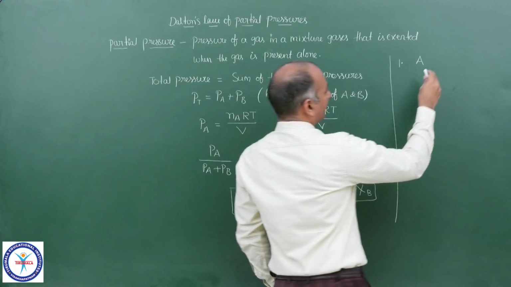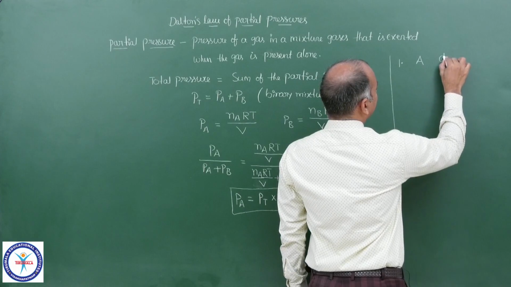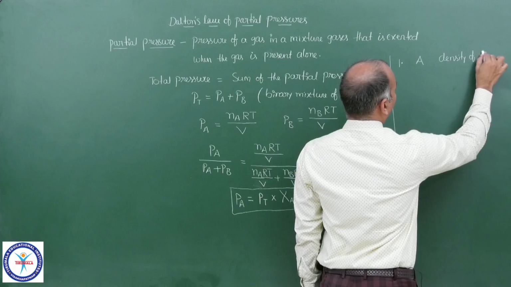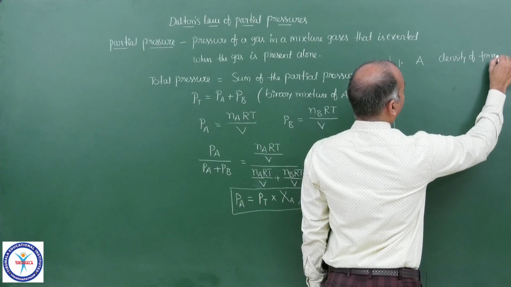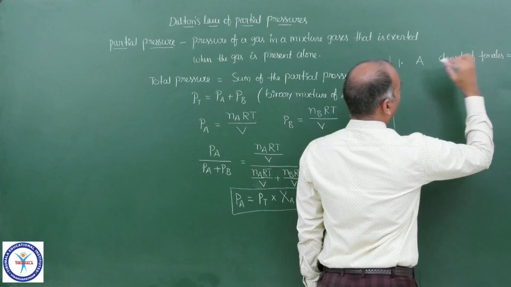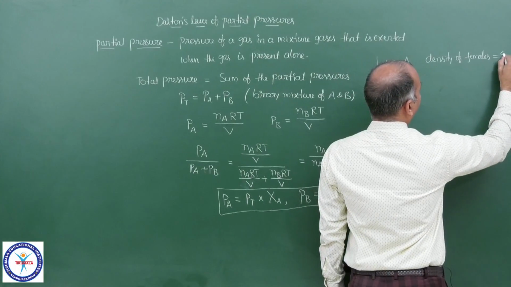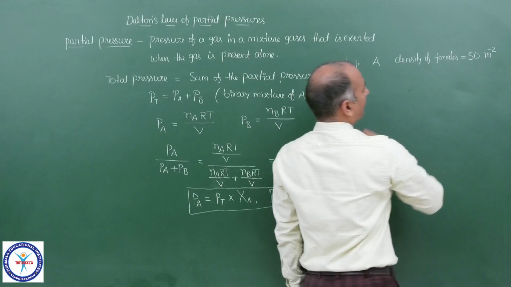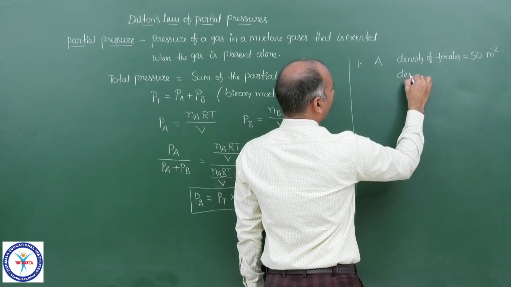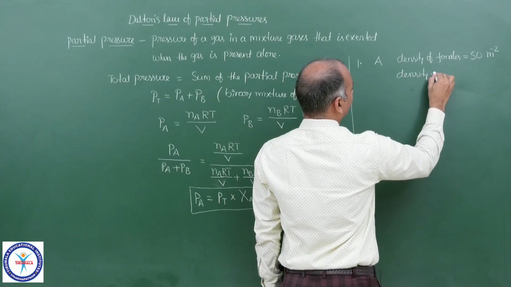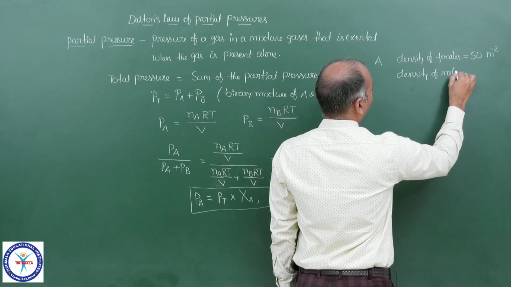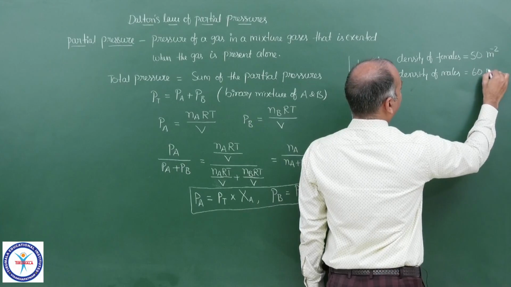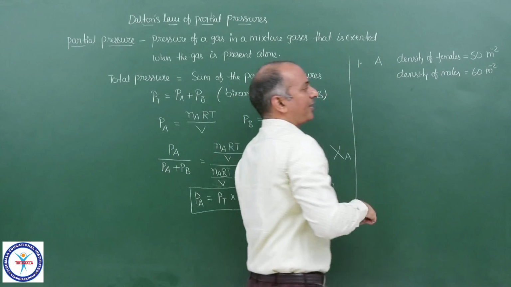In that country, the density of females is equal to 50 per square meter, and density of males in the same country is equal to 60 per square meter area.